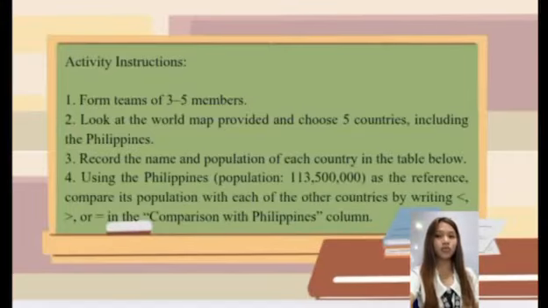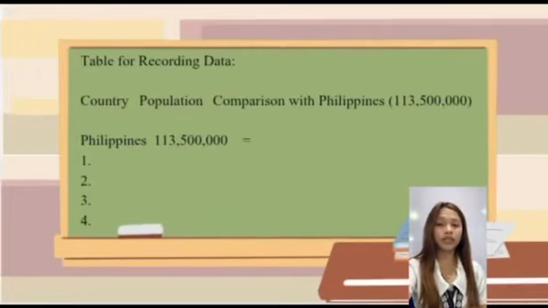Finally, they will use the Philippines as their reference and compare its population with other countries using the symbols greater than, less than, and equal sign. They will be provided a worksheet with a table divided into country, population, and comparison with the Philippines. They will put in the correct symbol intended for each country in the comparison column.